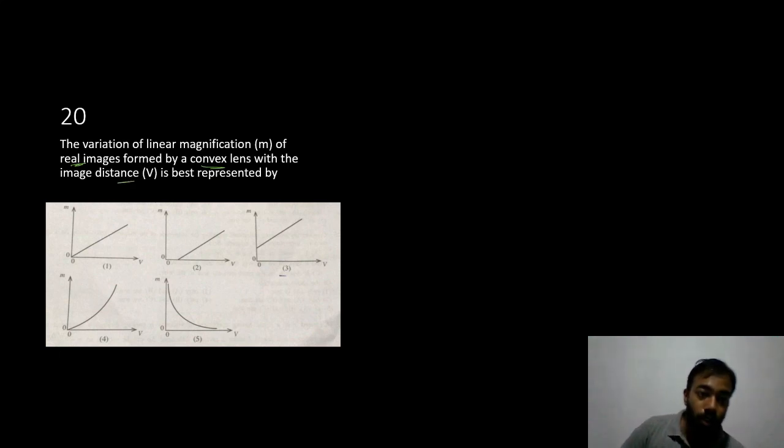If you consider the two axes here, y-axis represents linear magnification and x-axis represents the image distance. So you know the equation for linear magnification. Linear magnification is equal to the ratio between the image distance and the object distance, v over u.